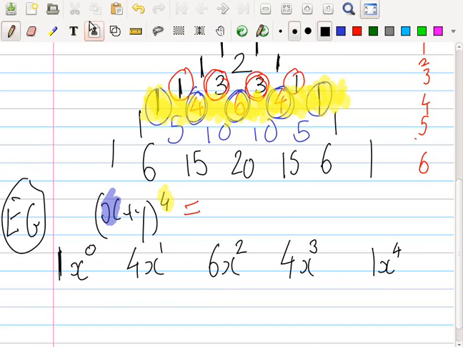Now, next I'll look at the other number. Here is y. So maybe in a different color, I write in all the y's. y, y, y, y, and y. And I do my powers again, except I start at the back. 0, 1, 2, 3, and 4.